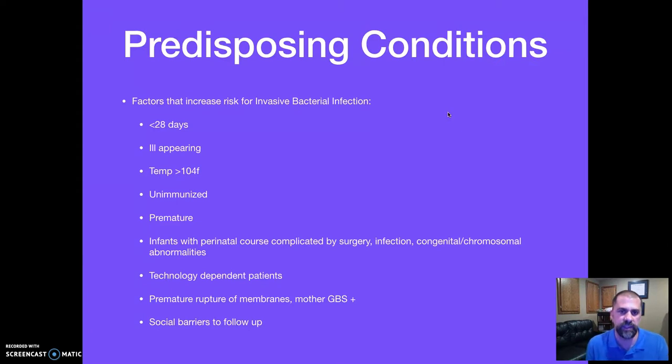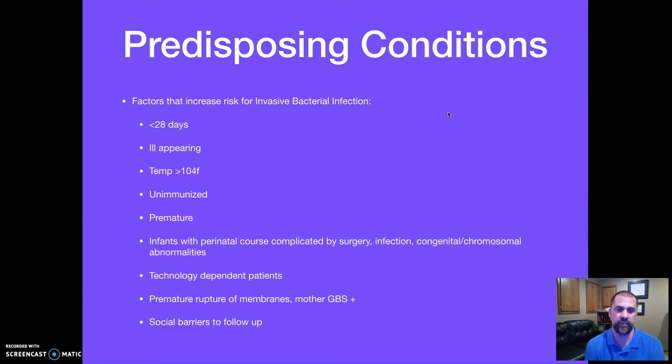So predisposing conditions for children who may have an increased risk for invasive bacterial infection: if they're less than 28 days, they're ill-appearing, if they have fever over 104, if they're unimmunized, if they're premature, if during their perinatal course they had a surgery, had a recent infection, have congenital or chromosomal abnormalities, if they're technology dependent, so that means G-tube, trachs, those kind of things.